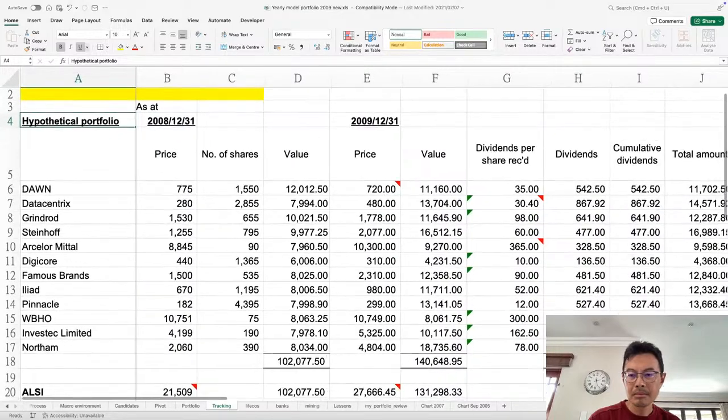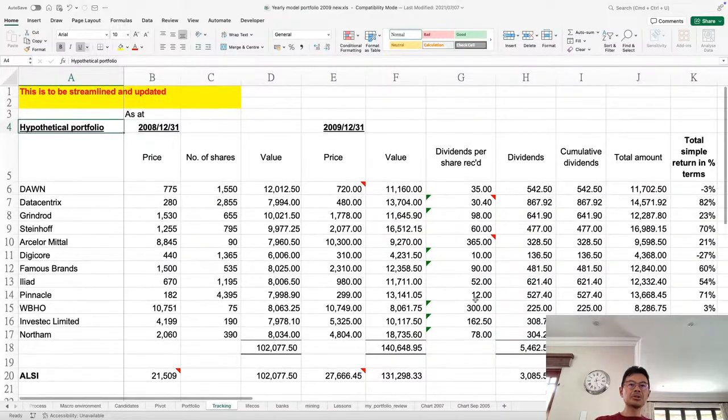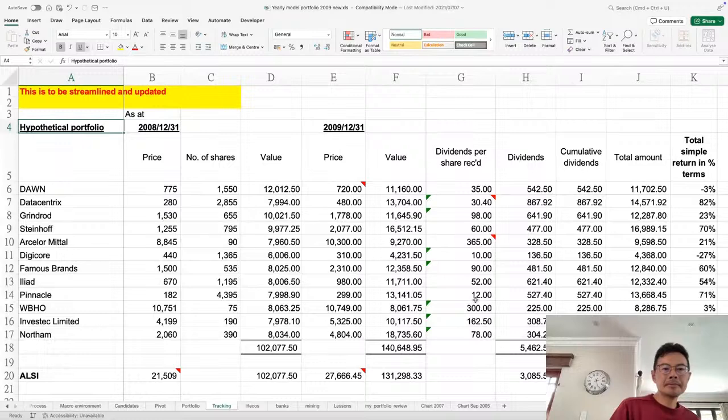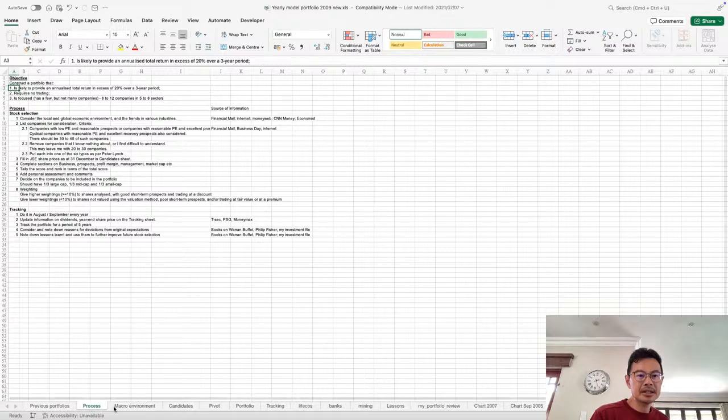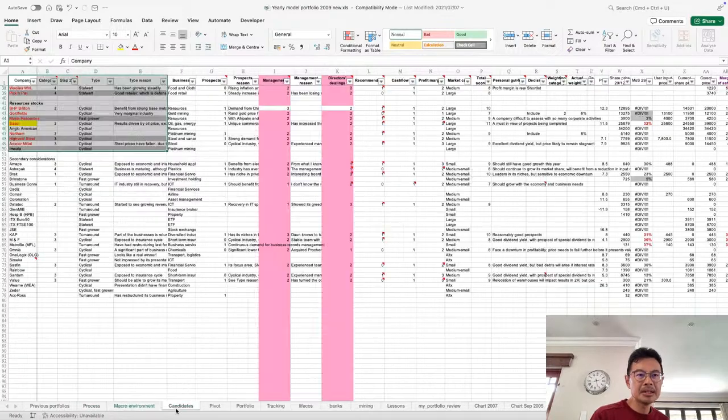So just to show you in 2009. Okay. Previous portfolios, this is the process, the macro, the same.